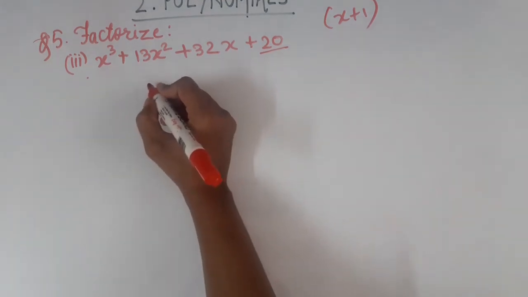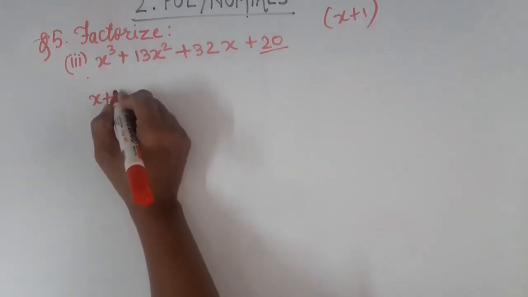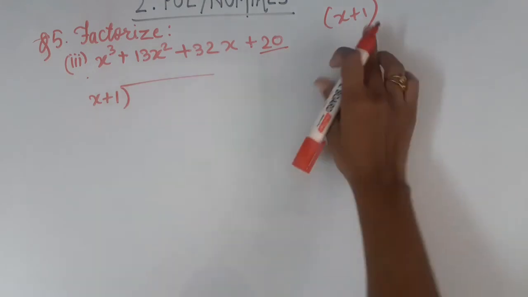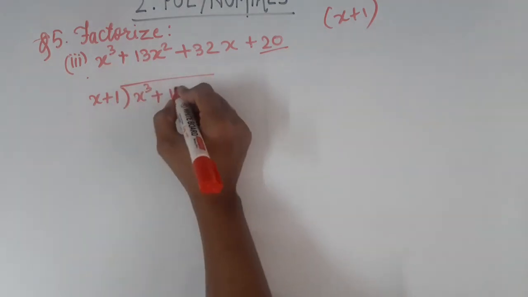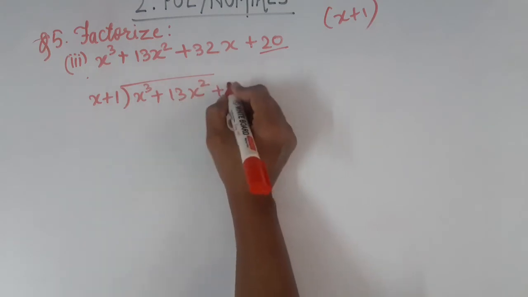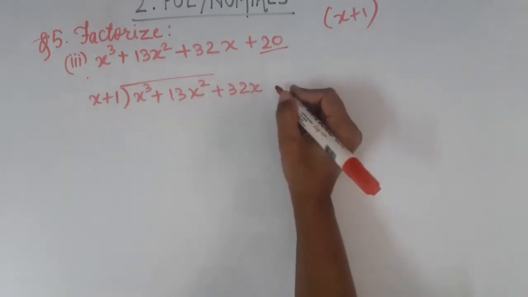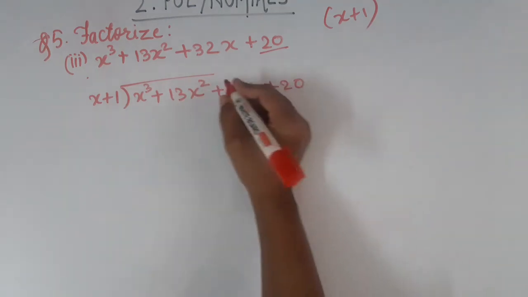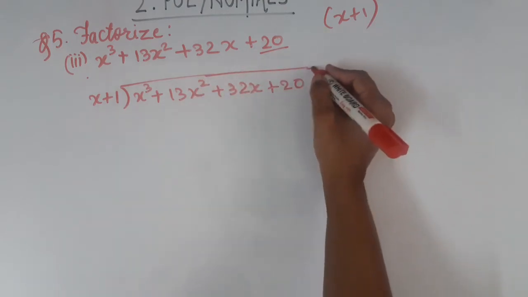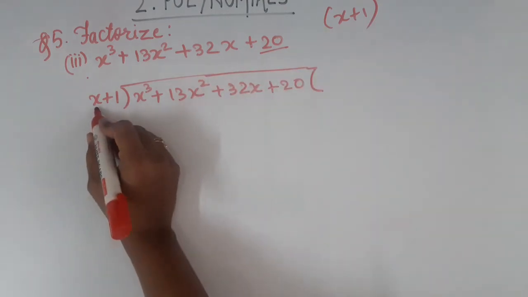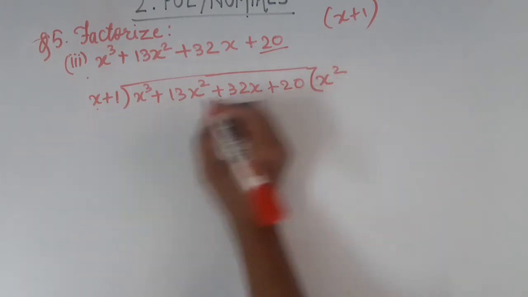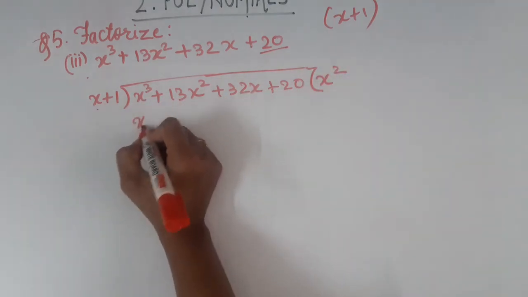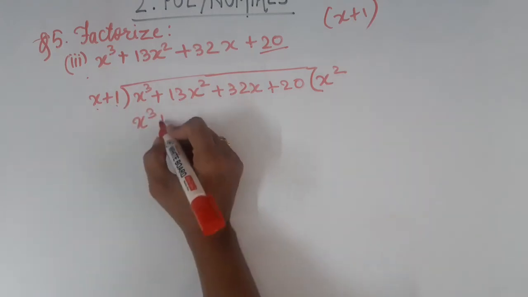So what I'll have, your divisor is x plus 1, the factor, and your dividend is x cube plus 13x square plus 32x plus 20, right? Now divide. So with what should I multiply x so that to get x cube? With x square, right? So x into x square, x cube, 1 into x square plus x square.